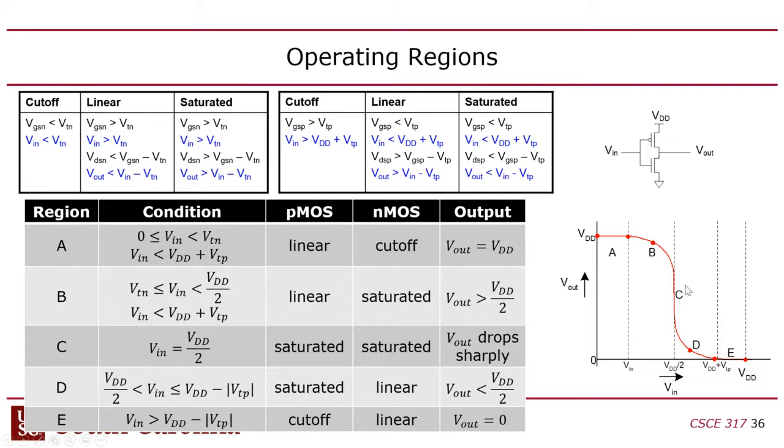Okay, then we get to the middle where the VN is half. This is kind of the crazy part, right? Where you're setting the input voltage in between 0 and 1. So it's like half the power supply. So VDD divided by 2 is our input. Now both transistors are going to be in saturation mode because you're dropping a huge voltage over both compared to the input.